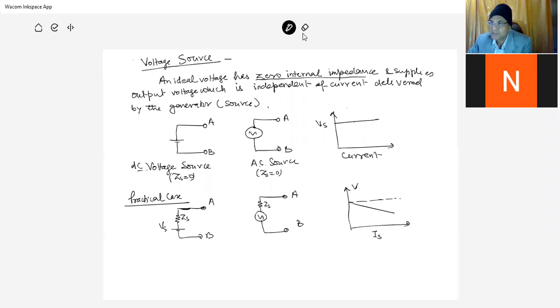This is the voltage of the source, VS. The internal resistance or impedance must be zero. Internal impedance must be zero. This is not practically possible.